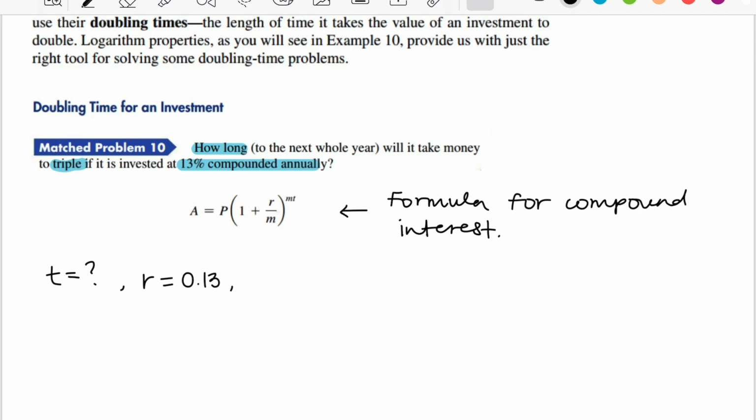We're also told that it is compounded annually, so only once a year, so m is equal to 1. And we want to figure out how long it'll take our money to triple. And remember, P is our initial amount that we started with. So this means what we end up with, which is A, is going to be 3 times the amount that we started with.